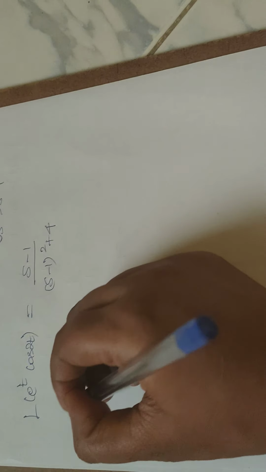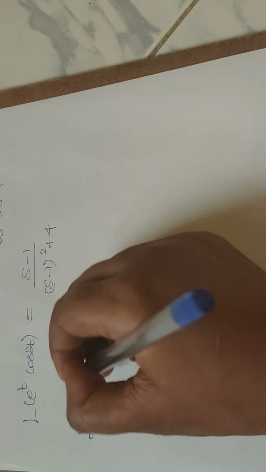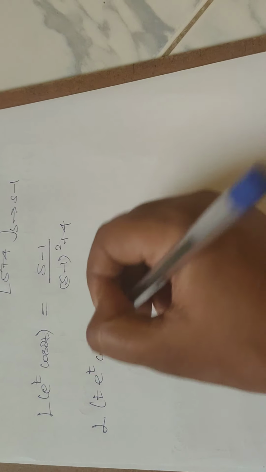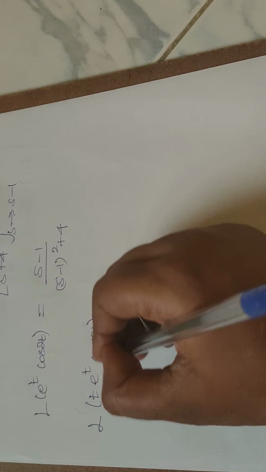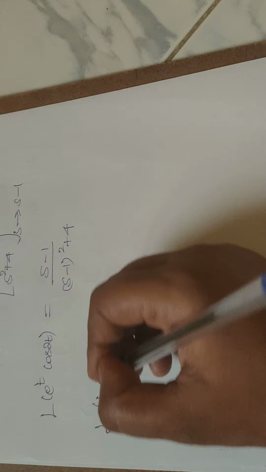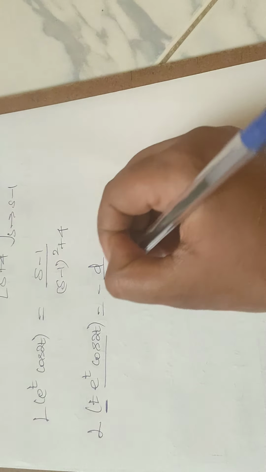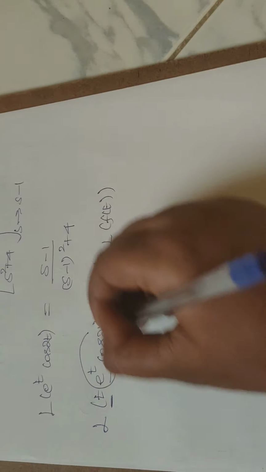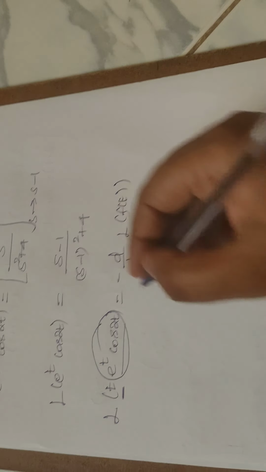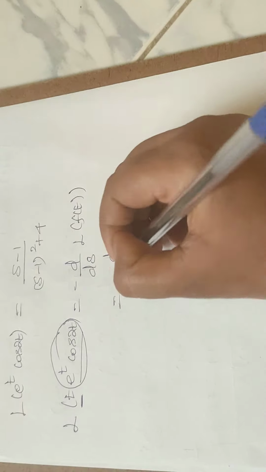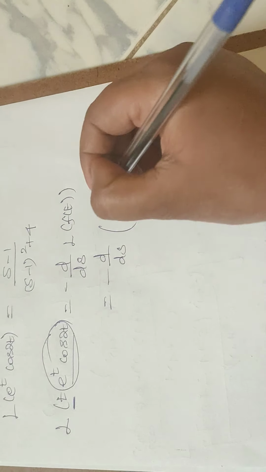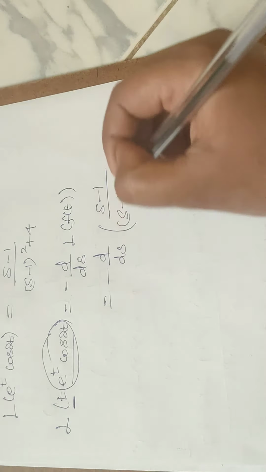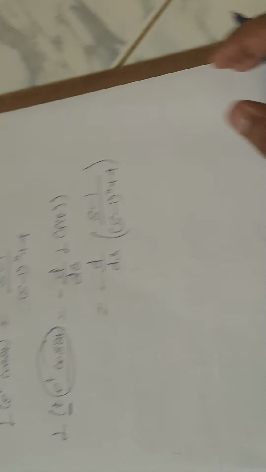Now we have to multiply with t. When the function is multiplied with t, we have to find minus d by ds of L of f of t. Now you have to consider this whole function as f of t. So what we get is minus d by ds of s minus 1 by s minus 1 whole square plus 4.